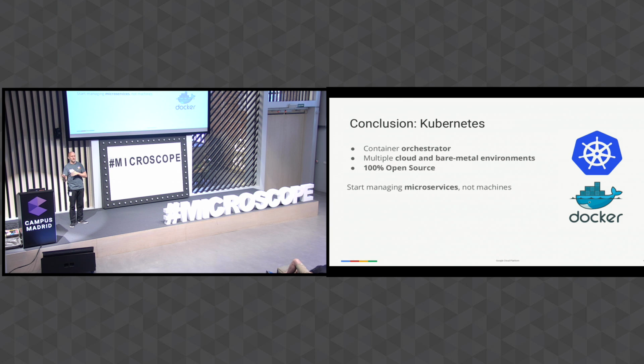Kubelets, Borglets, we have much of the names that we have in Borg have been migrated as is to Kubernetes, and you're going to see that in the documentation as well. It's open source and available today. It's one of the most active open source projects on GitHub. And the whole idea is about managing your entire cluster, not managing individual nodes.